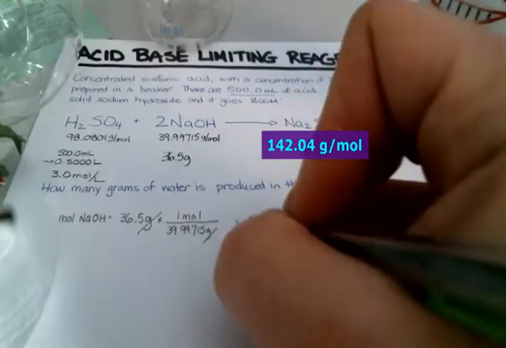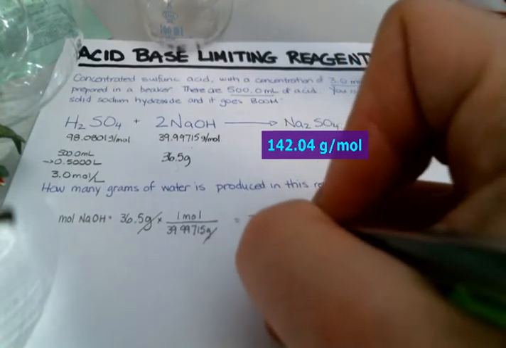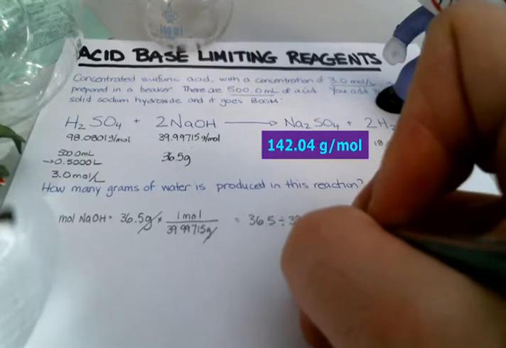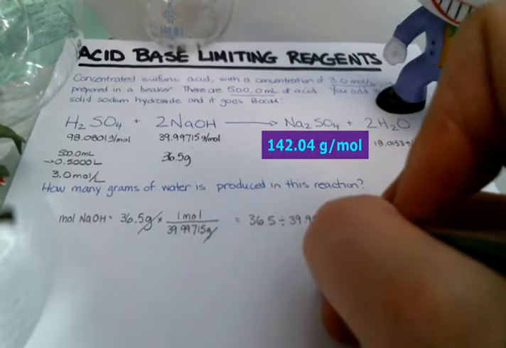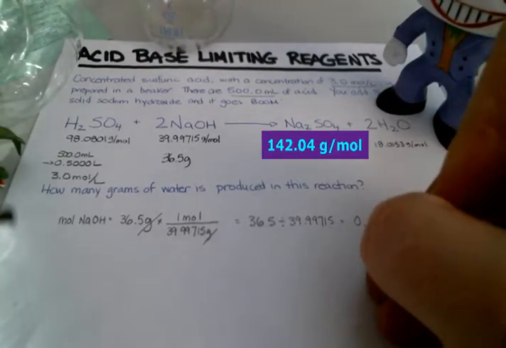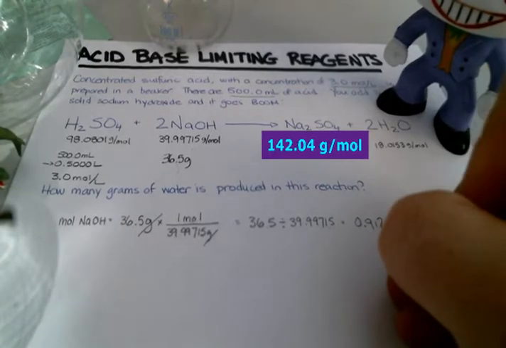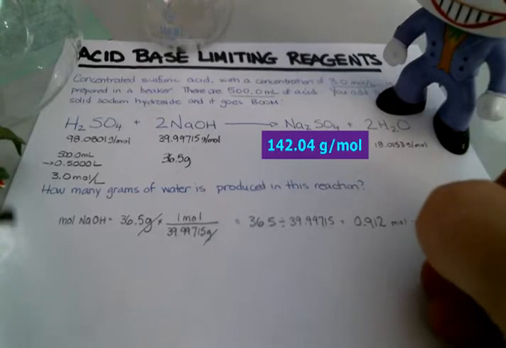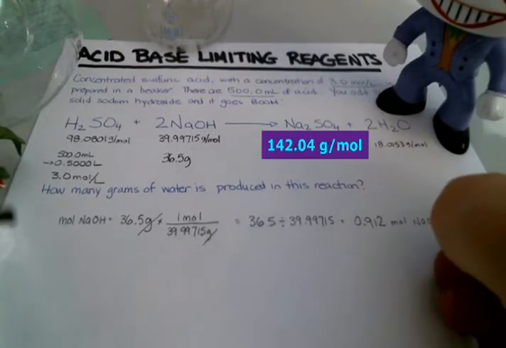All right, so that's 36.5 divided by 39.99715. And that'll give me 0.912 moles of sodium hydroxide actual. So I'm going to put a little A beside that.